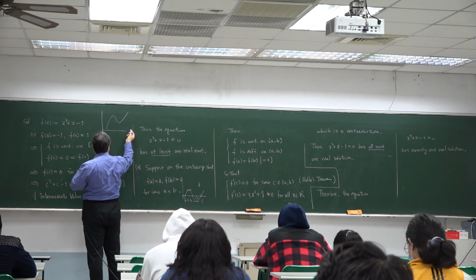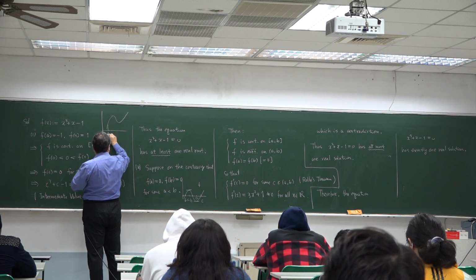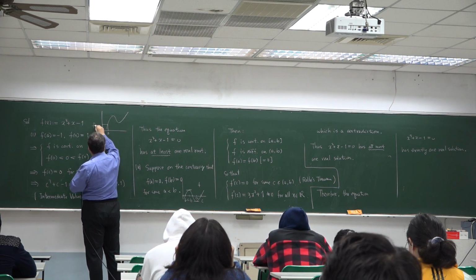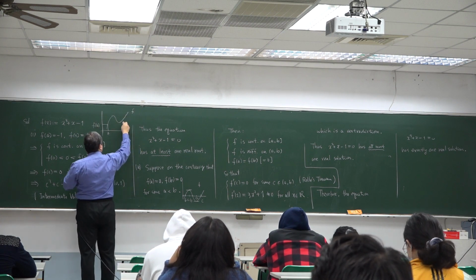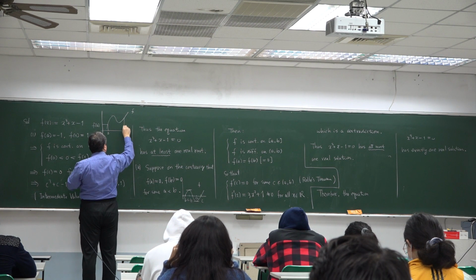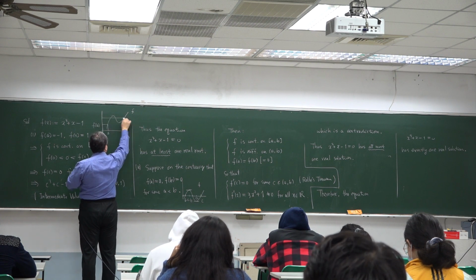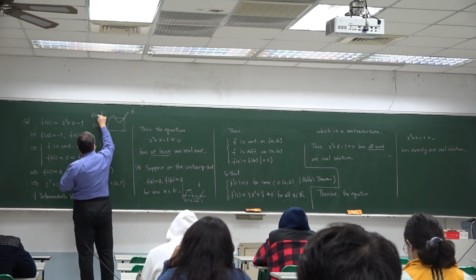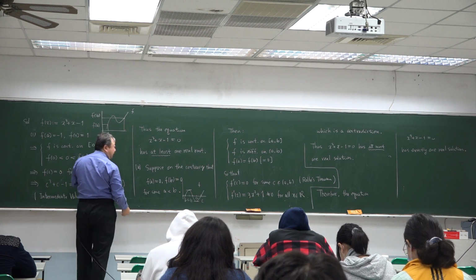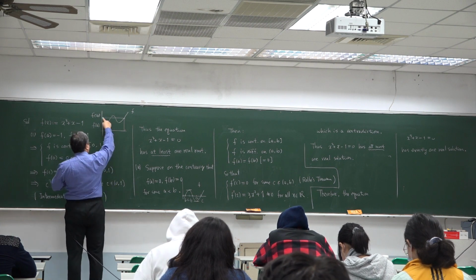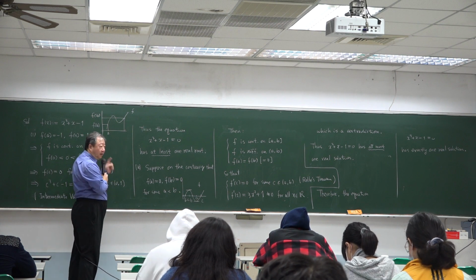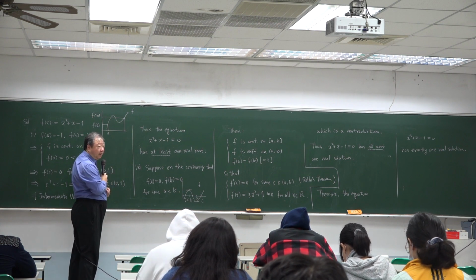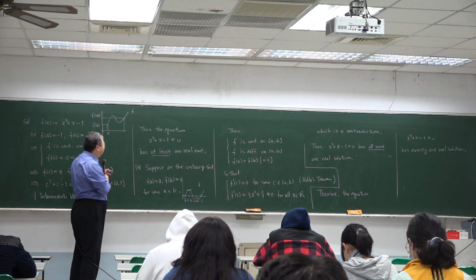If a function, this is a value of the function f. And this is also a value of this function. Any number between these two values is called an intermediate value. This is the definition.